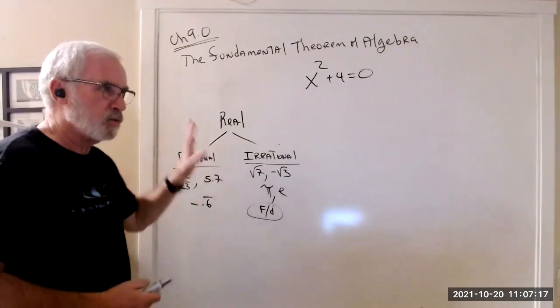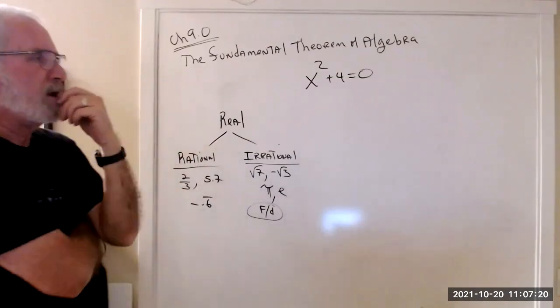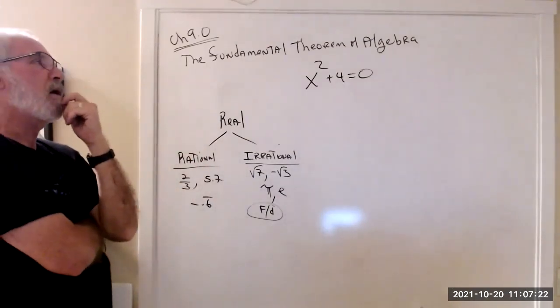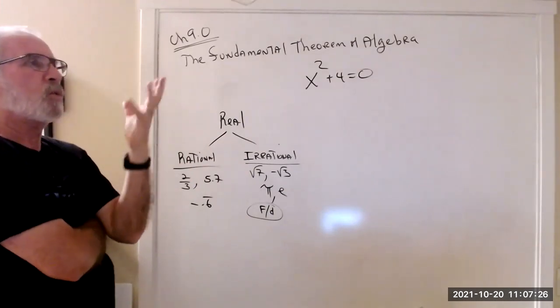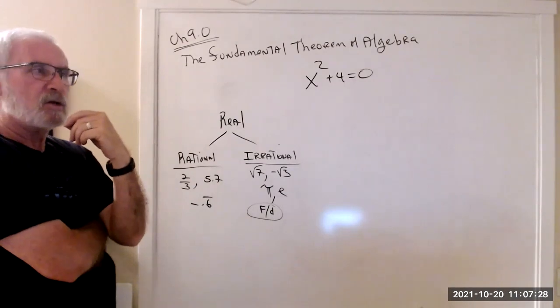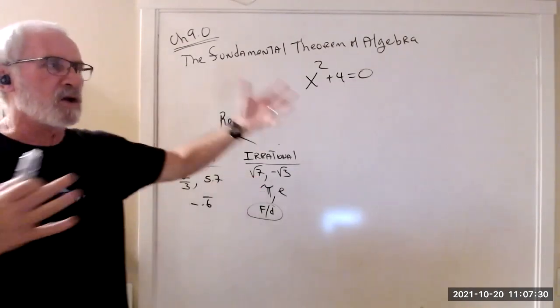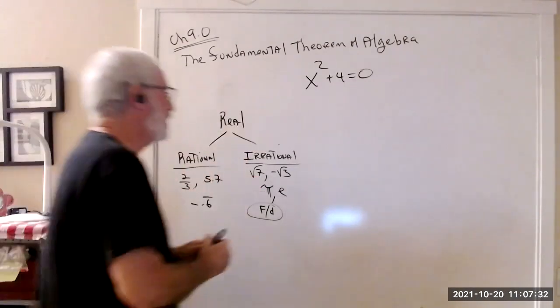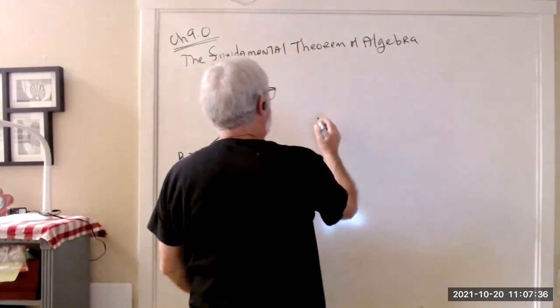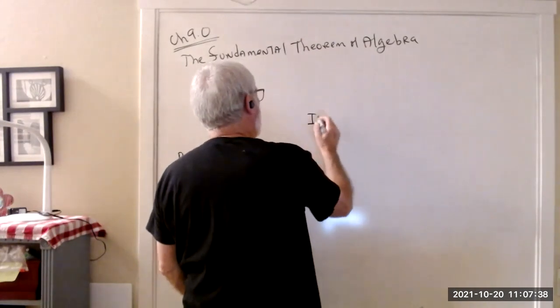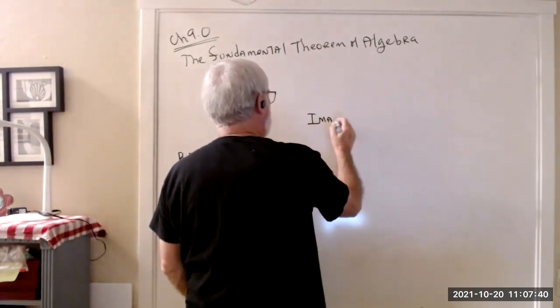So mathematicians said, well, if something isn't real, what's the opposite of real? There must be a whole other category of numbers that we'll call imaginary.